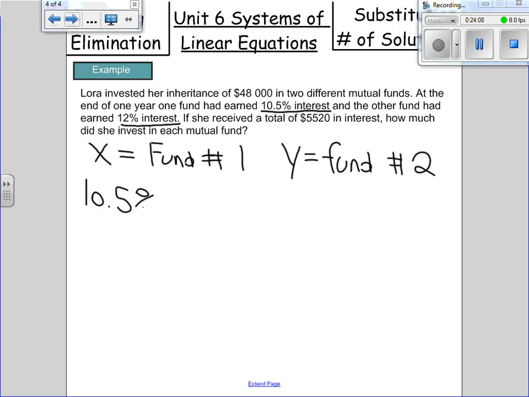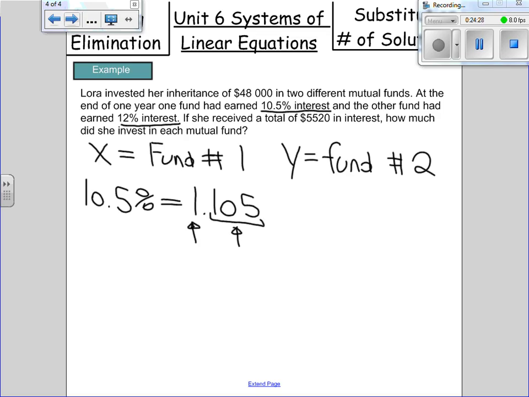The 1 right here is like you got 100% of your money back. And then this 0.105 represents that you got an extra 10.5% of that money back.